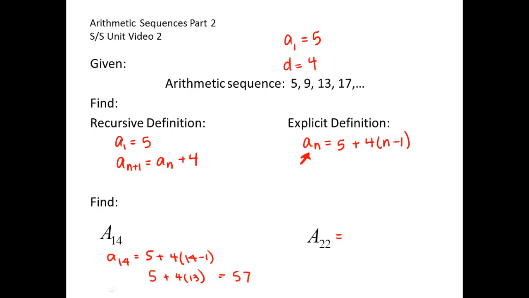All right, so the next one. A sub 22 now is going to be 5 plus 4 times 22 minus 1. So in other words, 21 terms beyond the first. So 5 plus 4 times 21, this is going to be 84 plus 5 is 89.